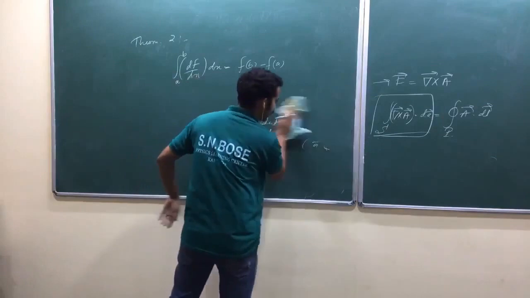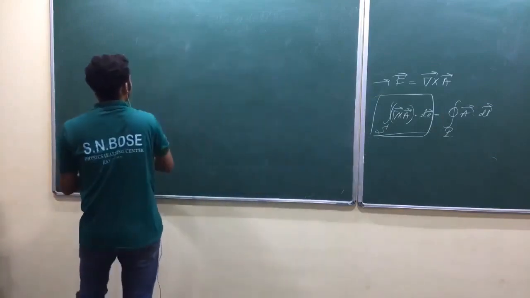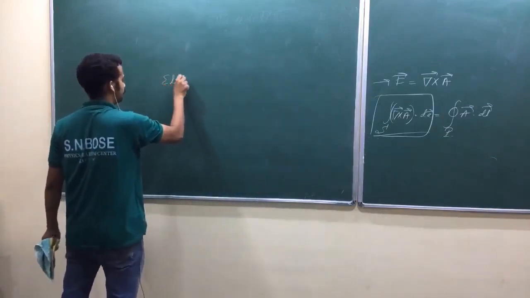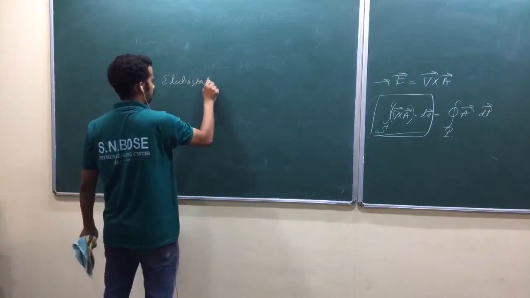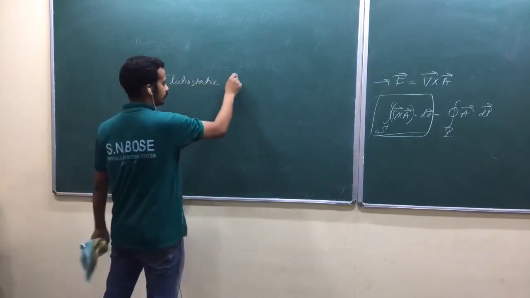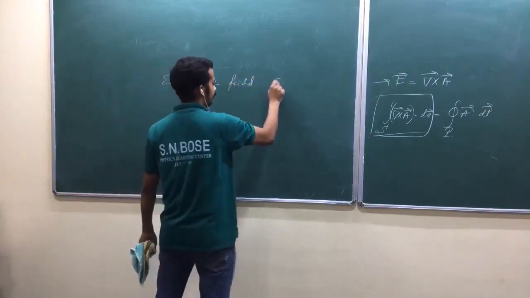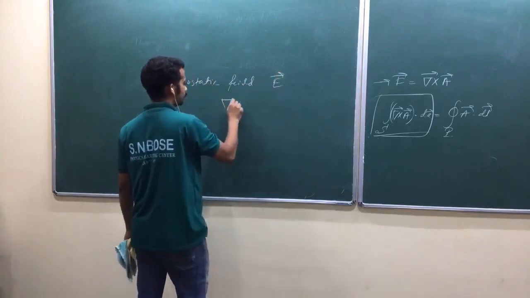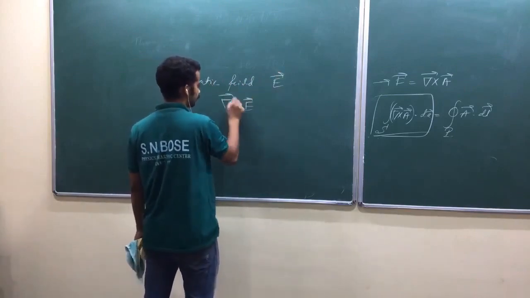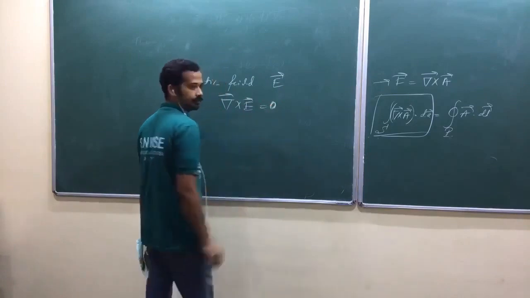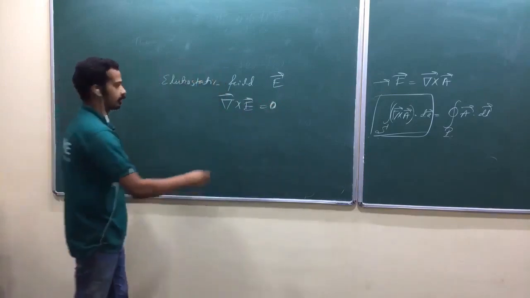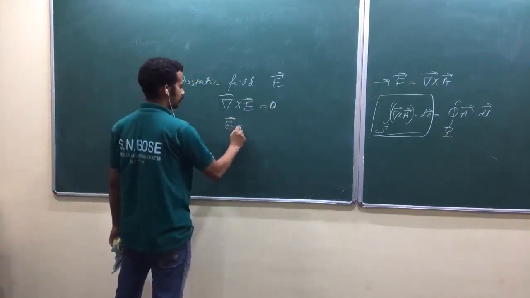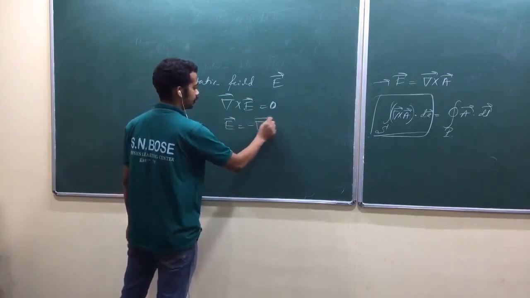Where we are applying this whole thing is our electrostatic field E. It has a special property: curl equal to 0. That's why we are going to write E as the gradient of a scalar potential.